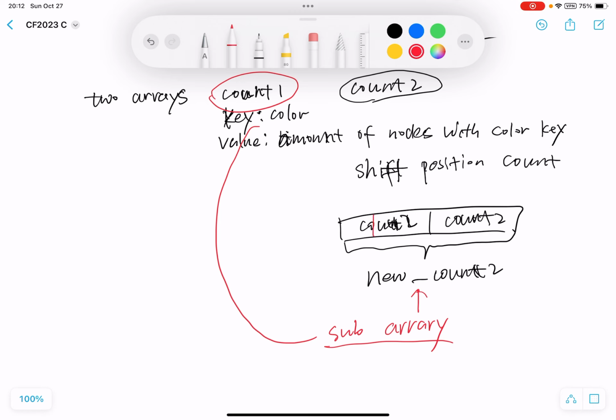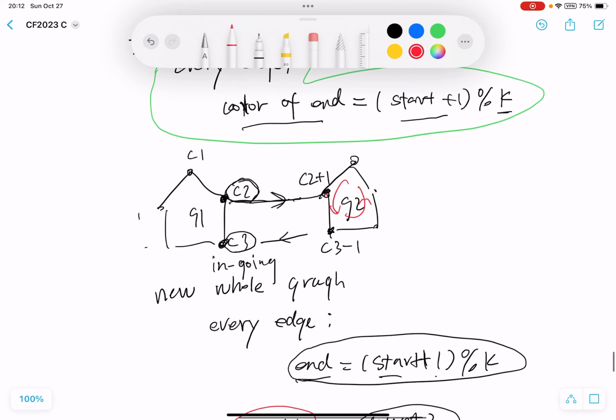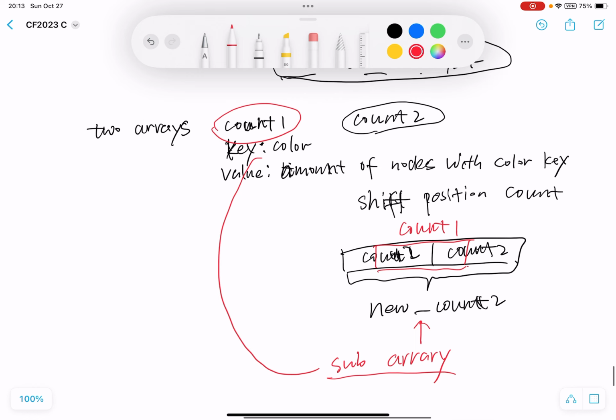For example, this can be the count 1. So that means after we rotate several shifts about graph 2, we can make every node in the graph 1 match the node on graph 2.